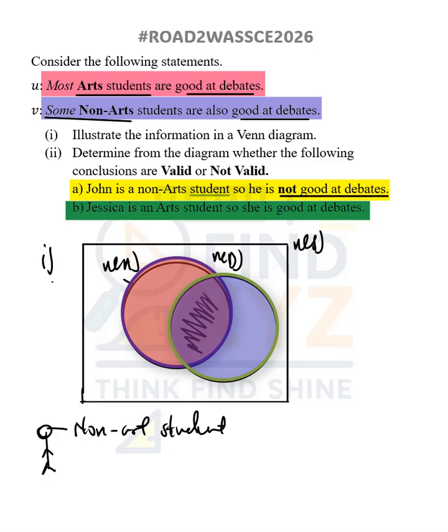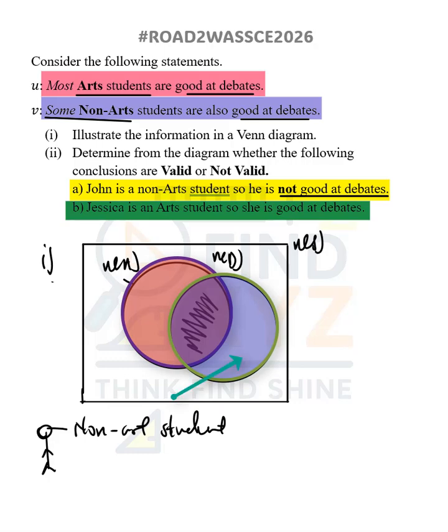So the first thing is to try to find a loophole that can make this conclusion not valid. So let's see. What do we know about John? We only know that John is a non-art student. If John is a non-art student, do we know any information about John in the problem? No. So we don't have enough evidence to conclude that John is not good at debate, because we have students that are non-art students but they are good debaters.